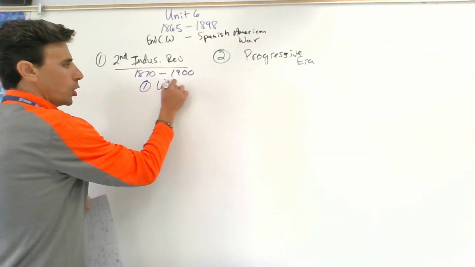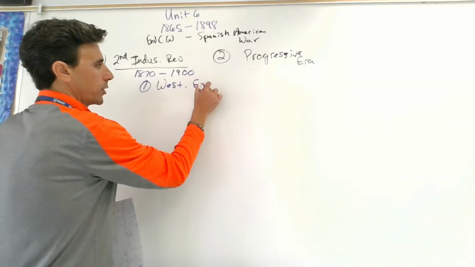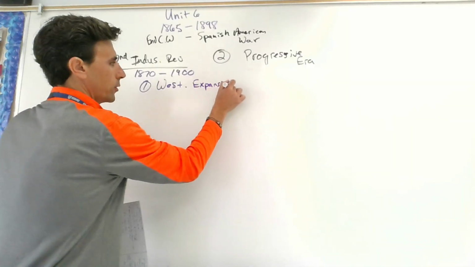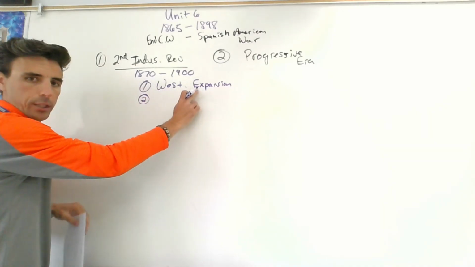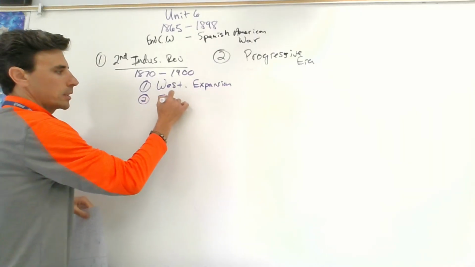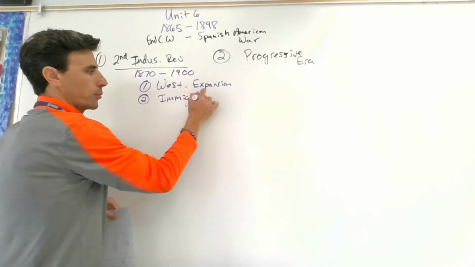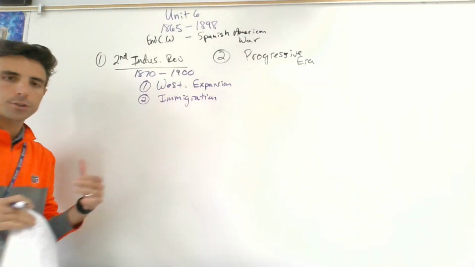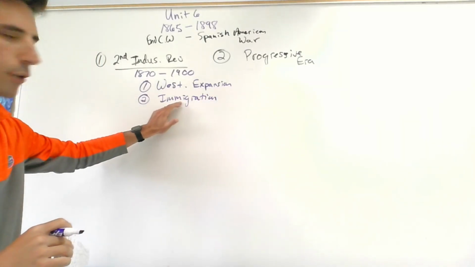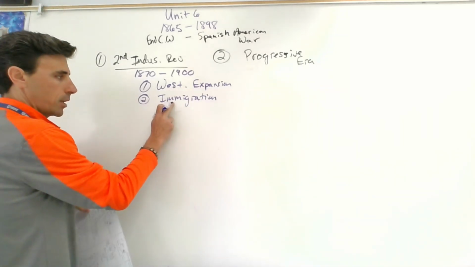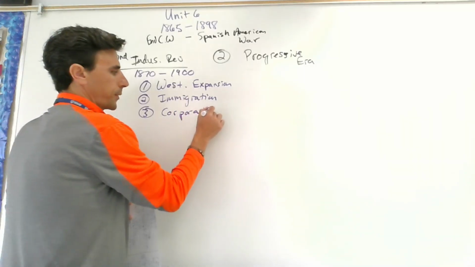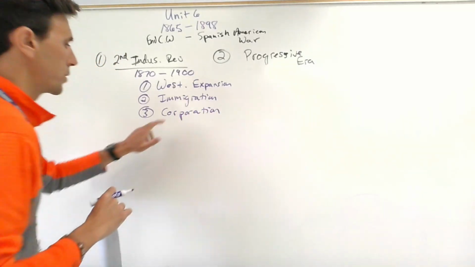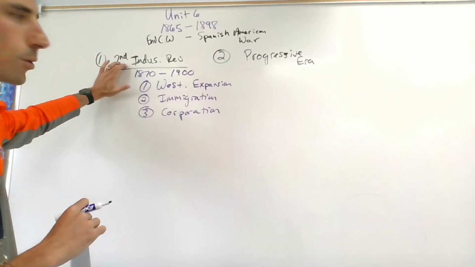Number one, westward expansion. There is no second industrial revolution without westward expansion, because this had all the resources. Number two, of course, immigration. You can't industrialize a country without workers for it, especially cheap, unskilled laborers. Number three, of course, the rise of the corporation. The corporation was fueling the second industrial revolution.